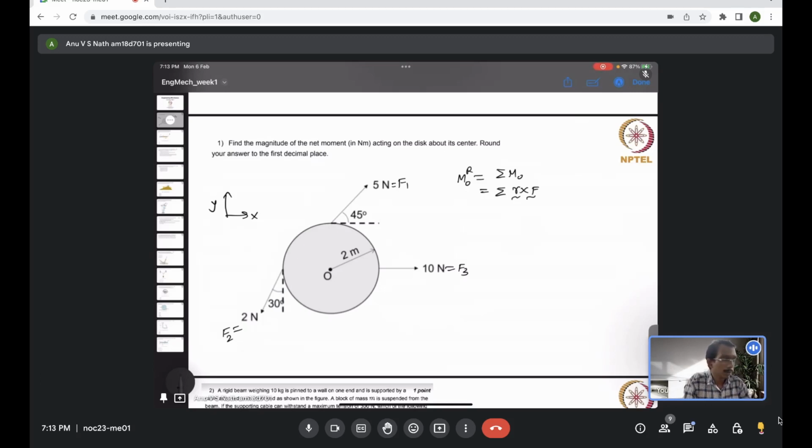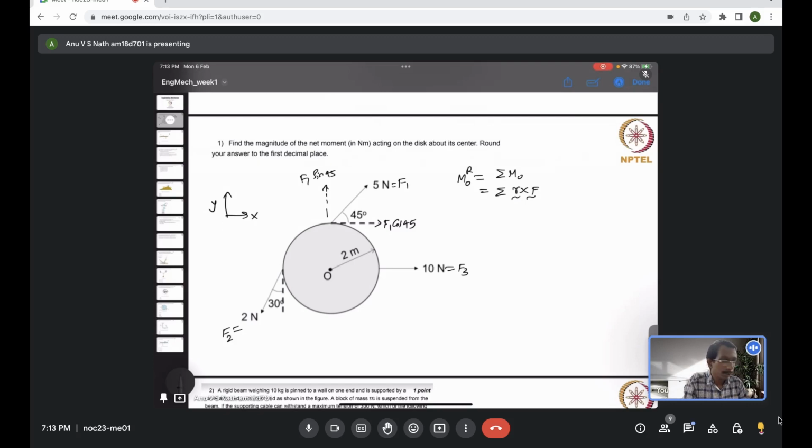I prefer the easiest way, where you split the force F1 into its components. So F1 will have component F1 cos 45 along this direction, and F1 sin 45 in the vertical direction.